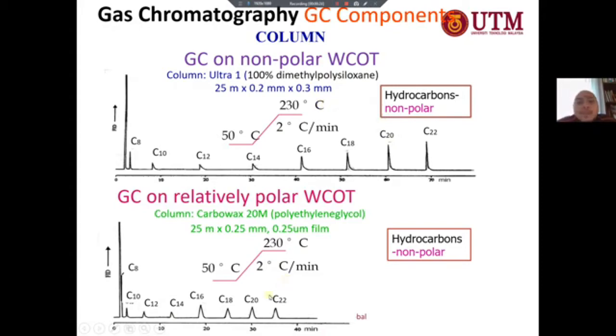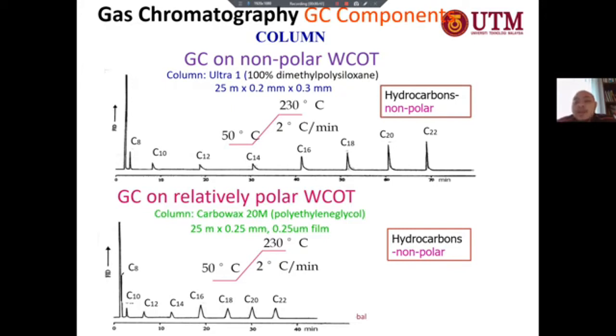Sometimes, the problem is when we use a column which is too non-polar. If the column is too non-polar, it also cannot work. So we have to choose something in between. But sometimes we need to look at what we actually want to improve.